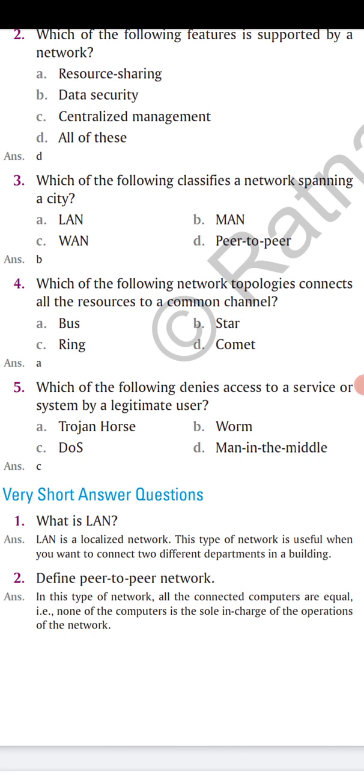So follow these things: LAN is found building to building, MAN city to city, and WAN country to country. You know how to answer these questions, and learn them very carefully students.